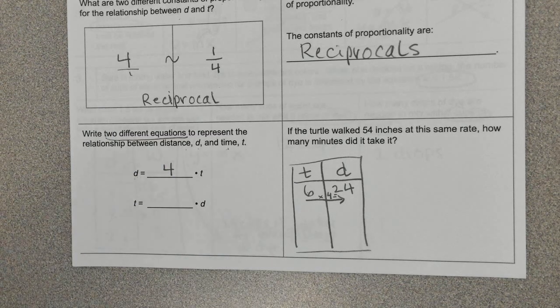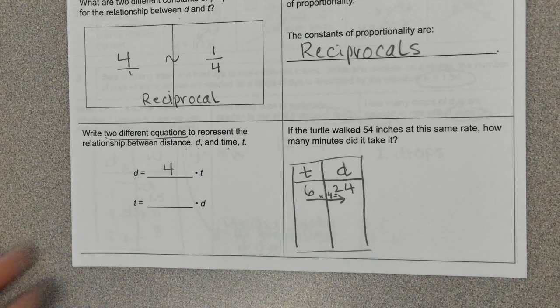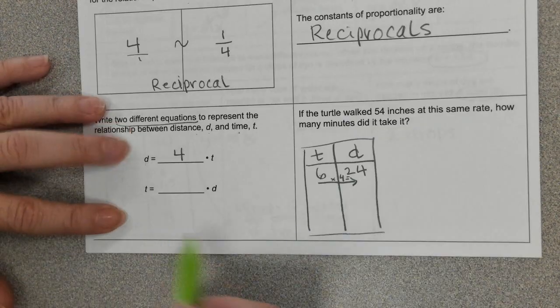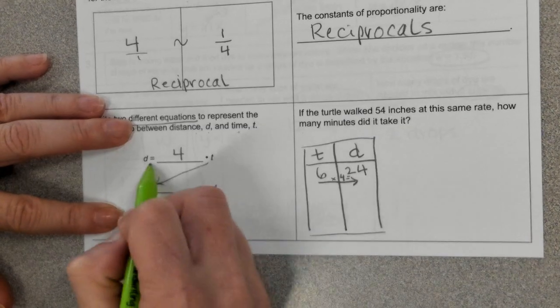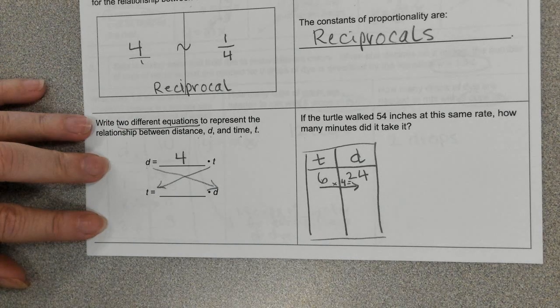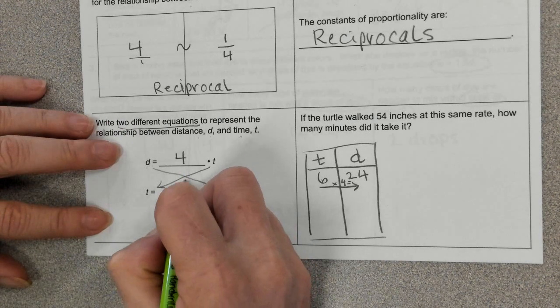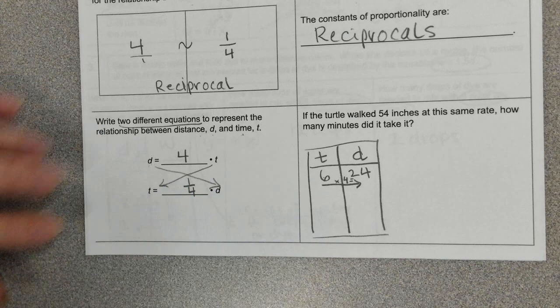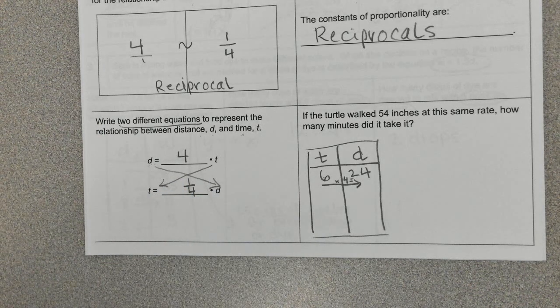Because the distance is bigger, I know it's 4 times as big as the time. When we flip the variable's position, all we have to do is write the other equation using the reciprocal of the constant of proportionality that we already found.